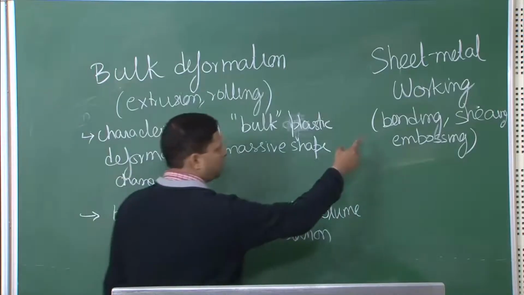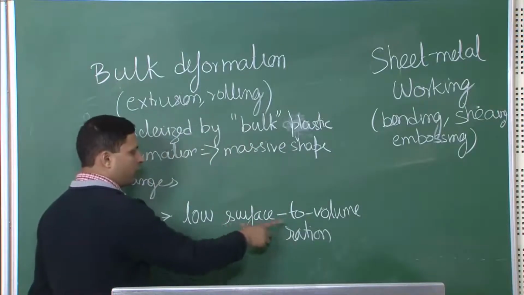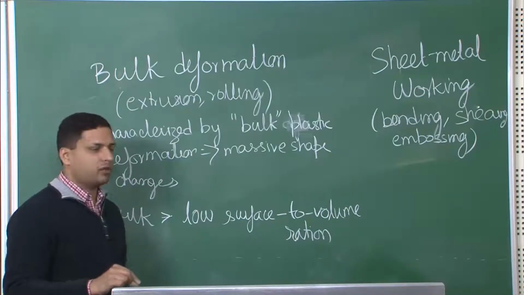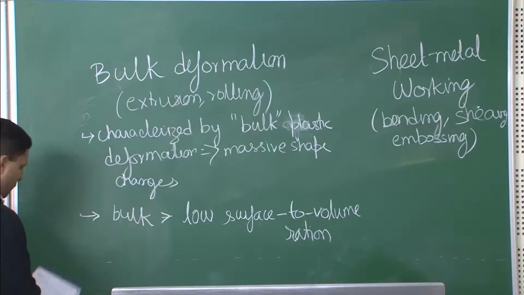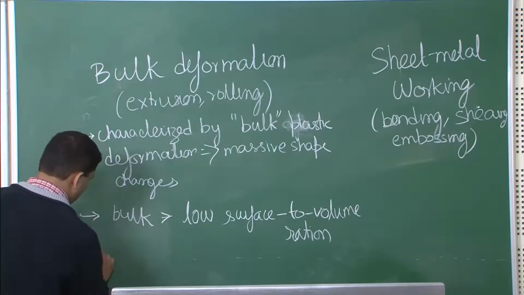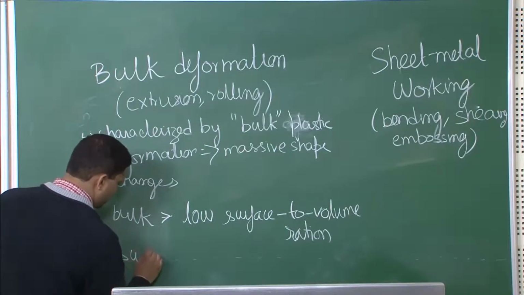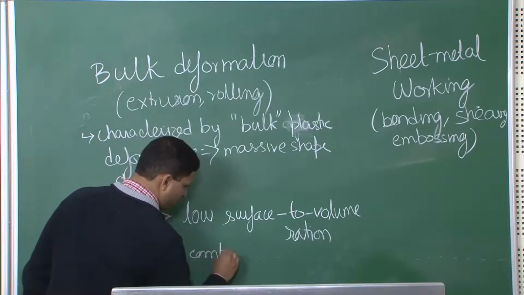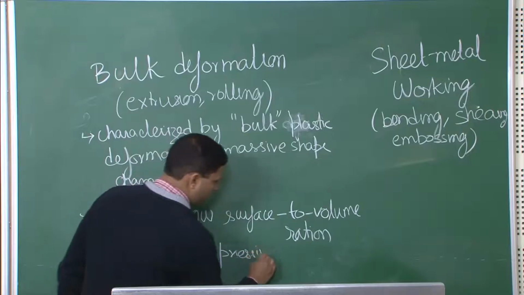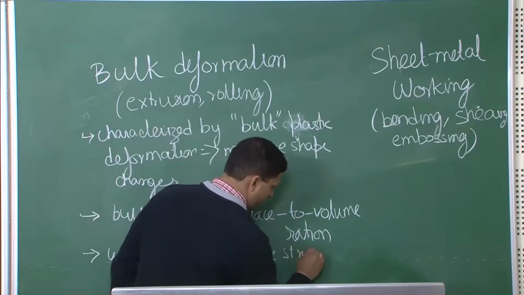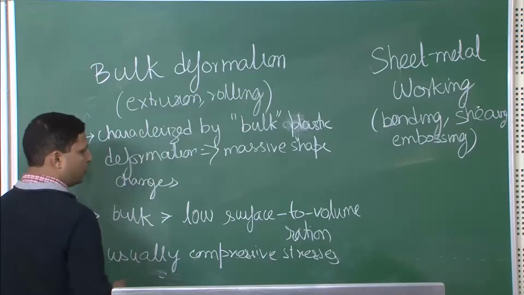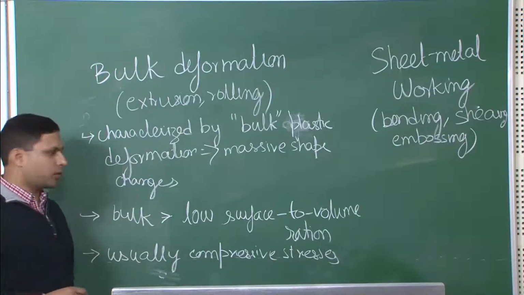On the other hand, if you look at sheet metal, per unit volume surface would be very high, because these are sheets, these are flattened out surfaces. Here usually compressive stresses are what are used.